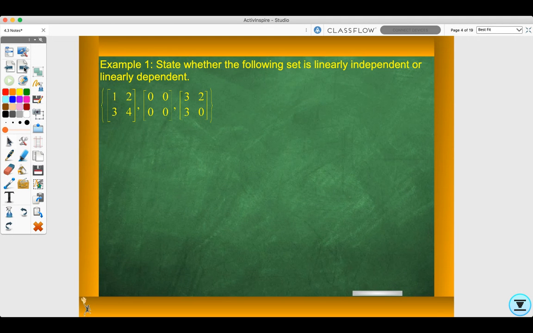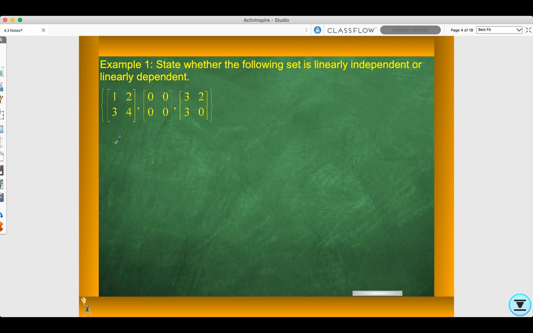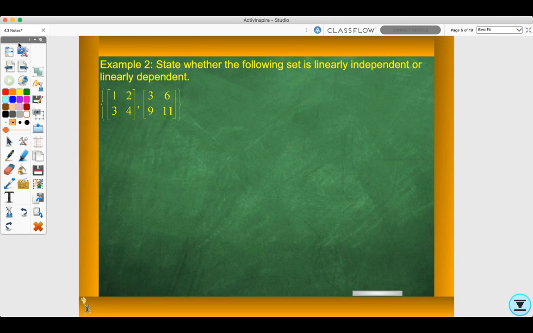Let's look at example 1. State whether the following set is linearly independent or linearly dependent. And this set is linearly dependent because it contains the 0 vector. State whether the following set is linearly independent or linearly dependent.